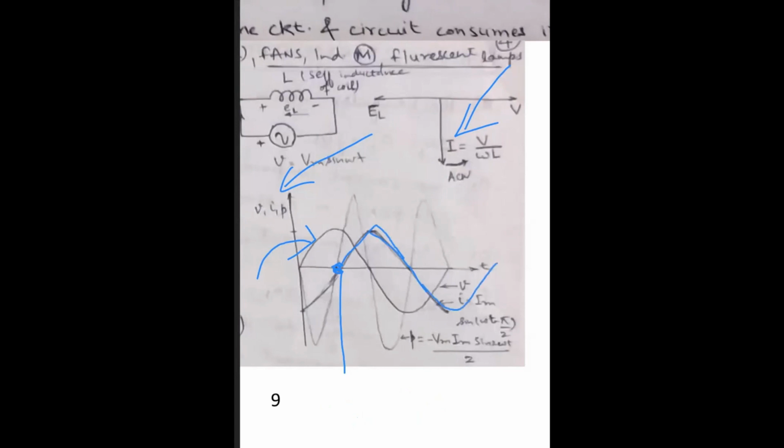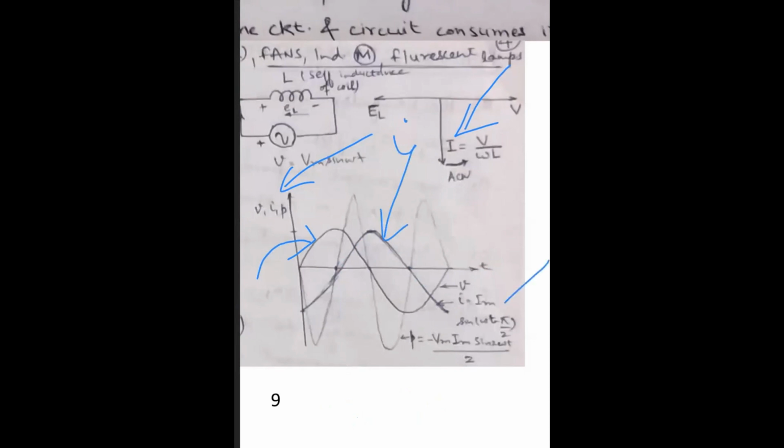We can observe that it is lagging the voltage by 90 degrees. So this is our instantaneous current.